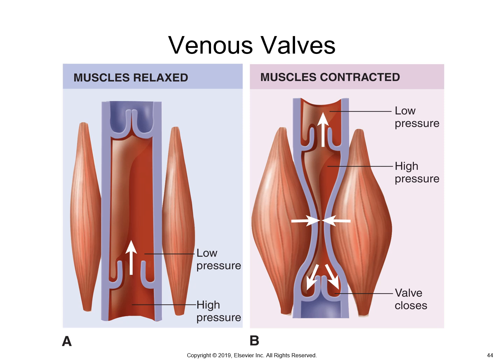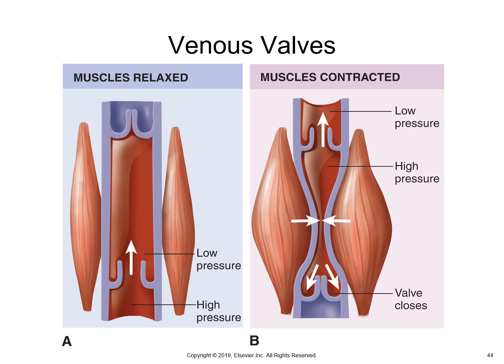The pressure basically is higher below the valve and lower above it. So this is going to allow that blood to flow upward towards the heart, but without contraction movement, it is slow.